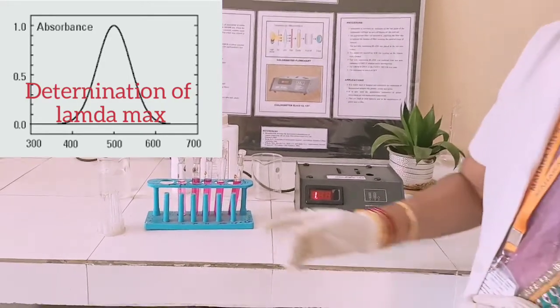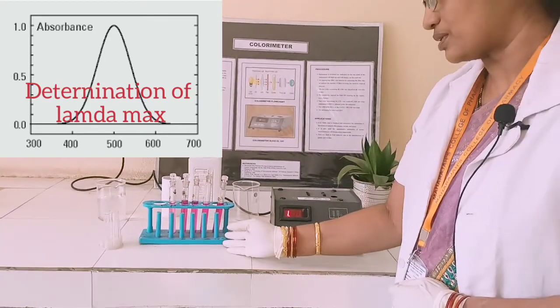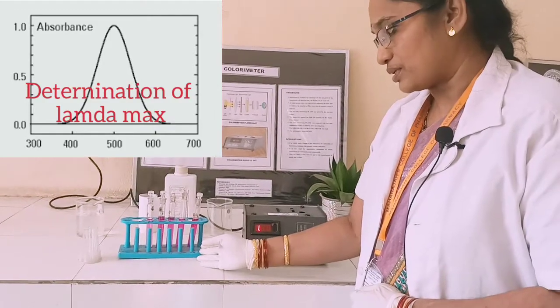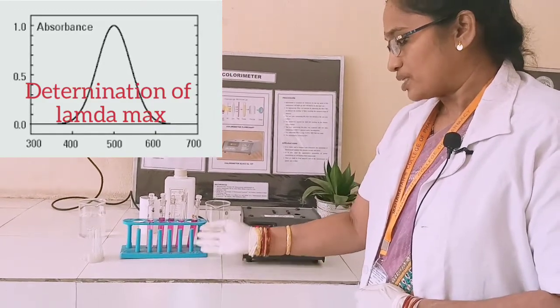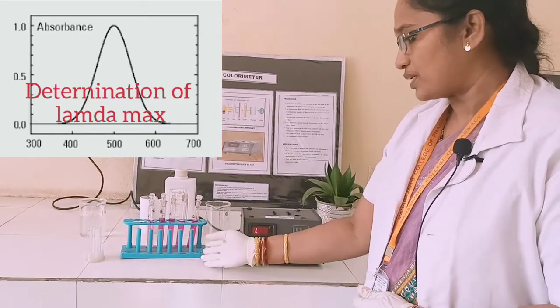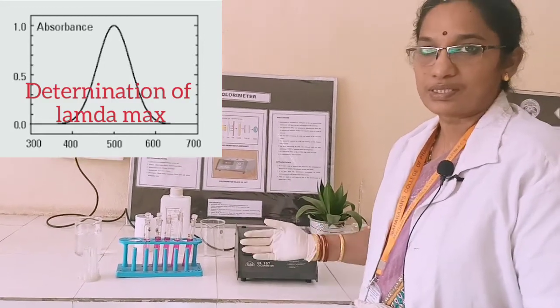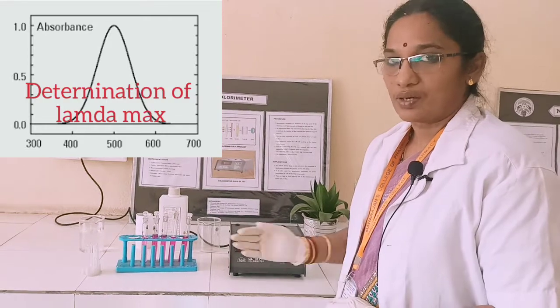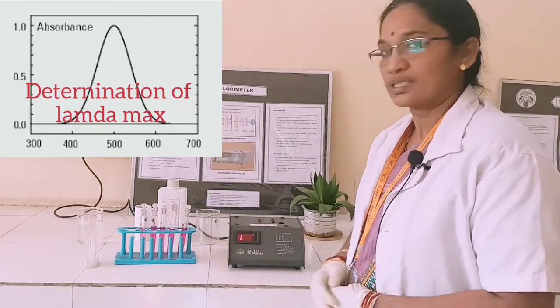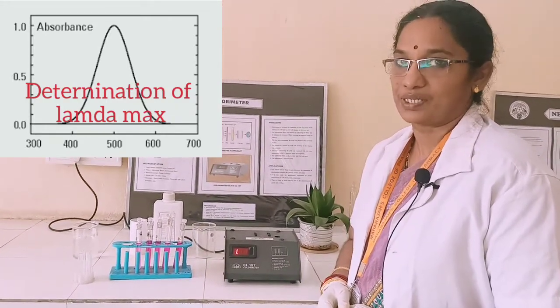As the concentration of the drug solution increases, the color intensity also increases, and similarly the colorimetric reading also increases. This is the basic principle behind using this colorimeter for sample analysis.